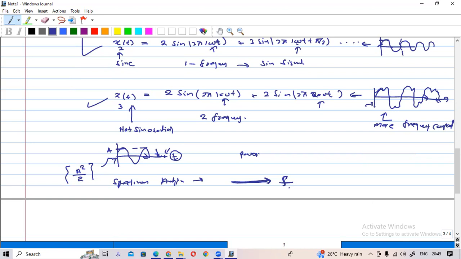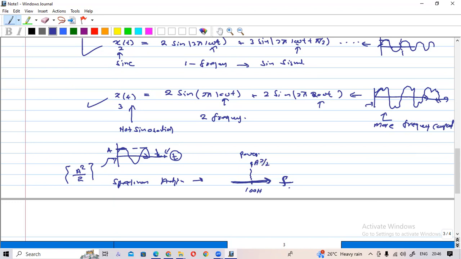Now you can remember: if the peak value is A, the power will be A square by 2. It has only one frequency, 100 Hertz, and it shows the power.